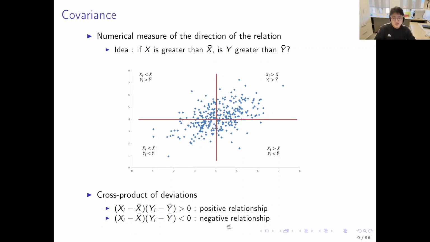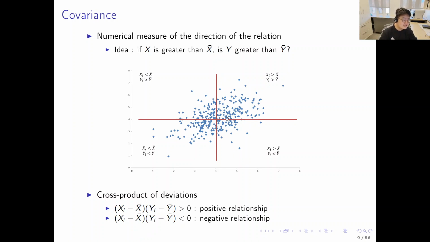And the negative relationship will have a negative product. When you multiply the deviations in x and y, when the x deviation is positive, then the y deviation will be negative if they had a negative relationship. So their multiplication will be negative, right?